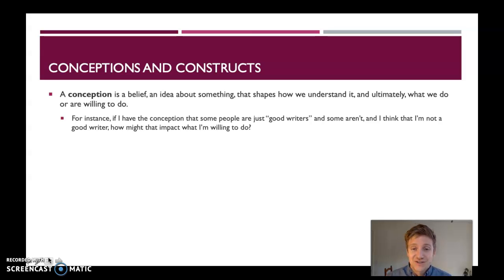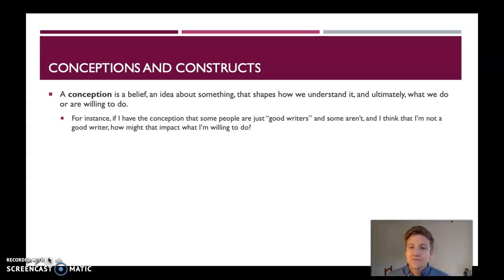This is the part in the lecture where you all would raise your hand and answer, but I'll answer for you. If I think I'm just a bad writer and that's inherently who I am, that's going to affect how I write in the future. I'm not going to try to improve. I'm just going to accept that I'm a bad writer.